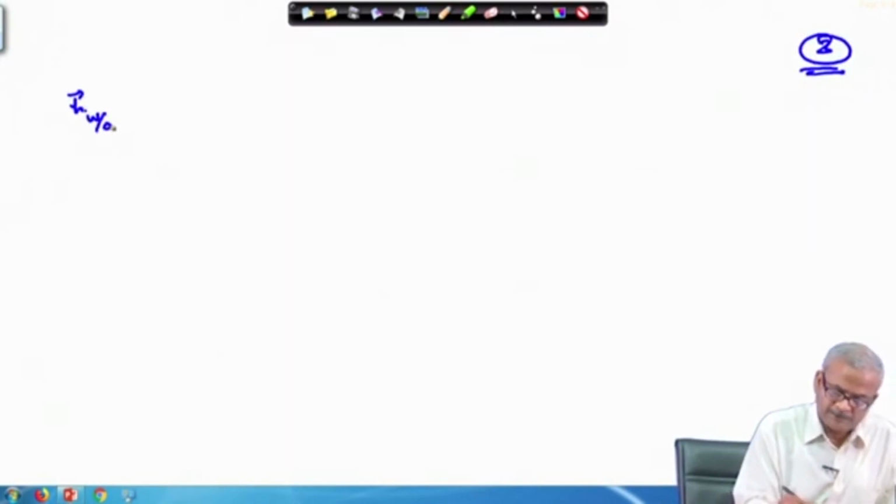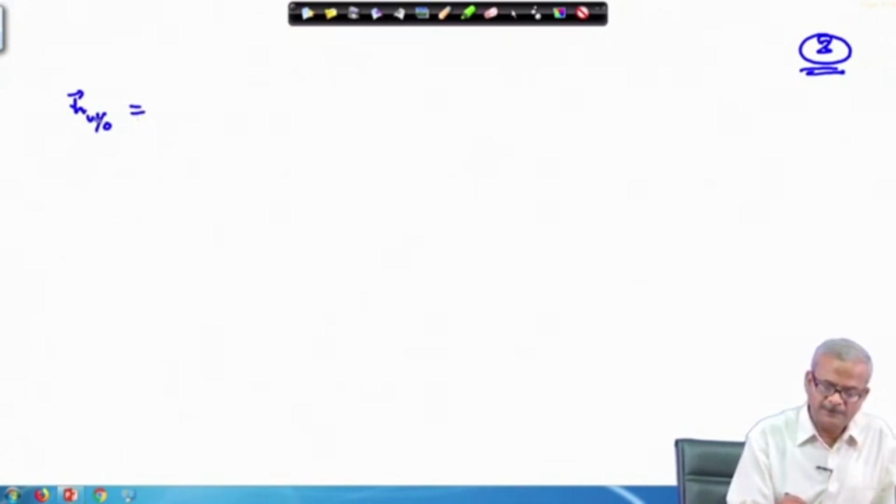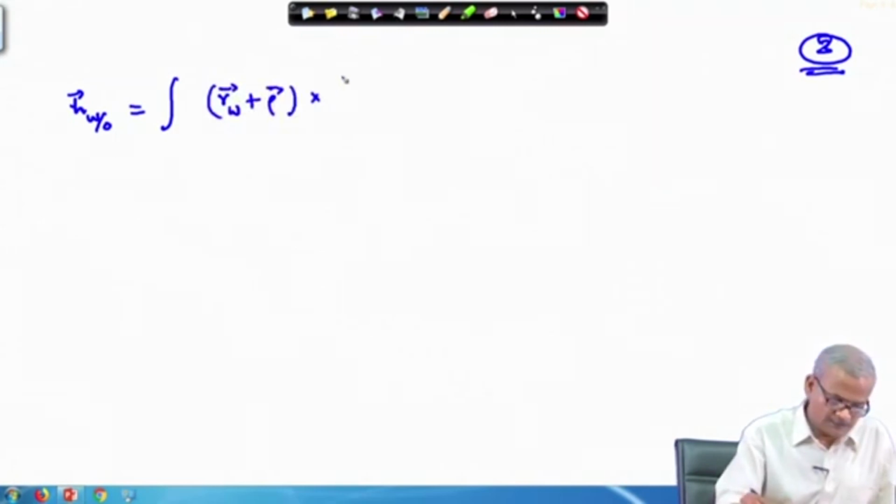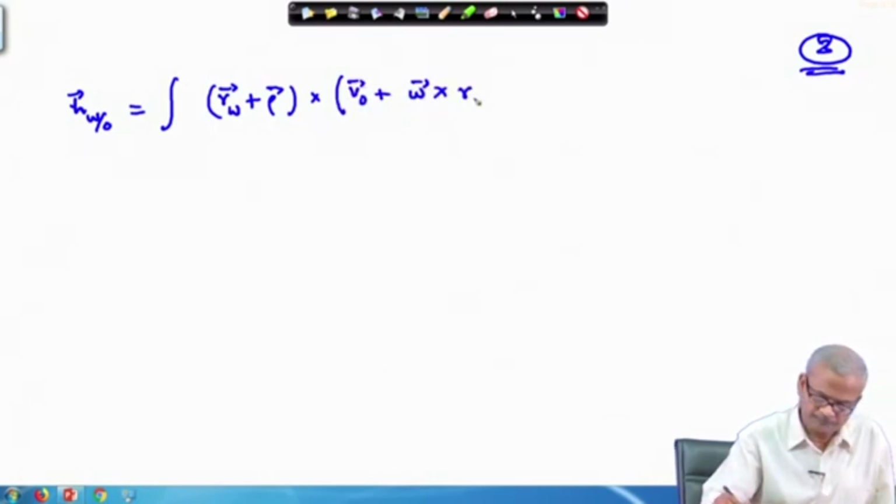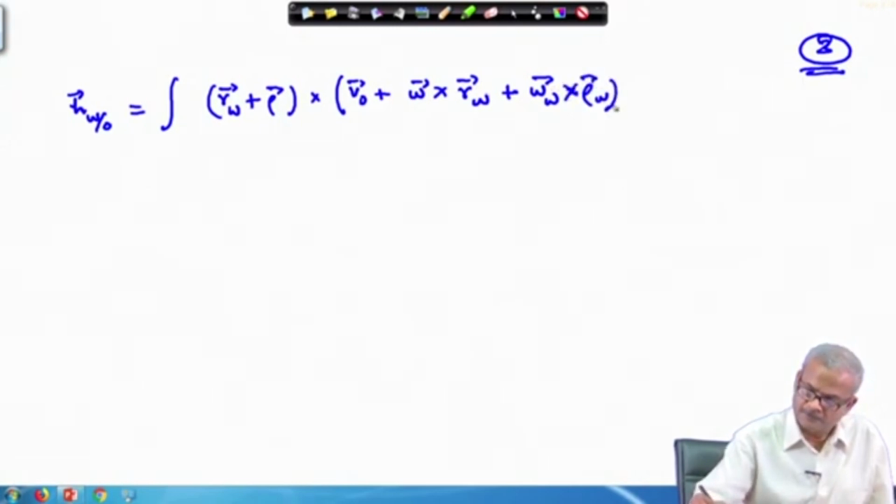So, h, the angular momentum of the wheel about point O, we have written as, I will refresh on this page, r w plus rho cross v 0 plus omega cross r w plus rho w d m.